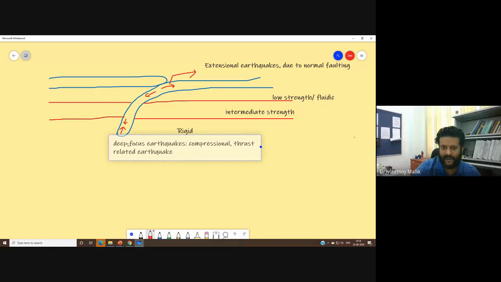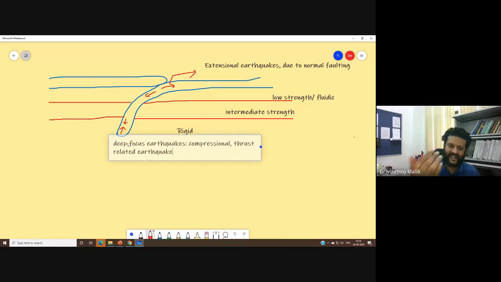Now, why extensional stress regime actually provides normal faulting and why compressional stress regime provides thrust faulting, that is something we will learn later on. For the time being, remember, wherever I see extension, I see the dominance of normal faulting, and hence normal faulting driven earthquake. Similarly, where I find compression, I find thrust faulting and thrust faulting related earthquakes.